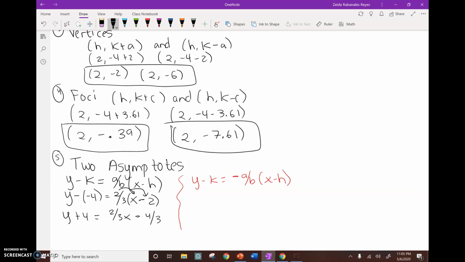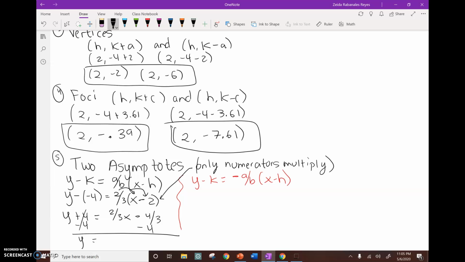Only numerators multiply. Then I add 4 to both, subtract 4 to both sides. If you prefer to have a decimal, that's fine.